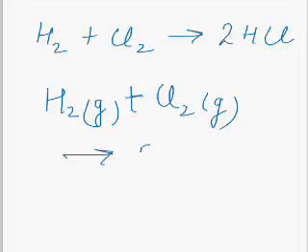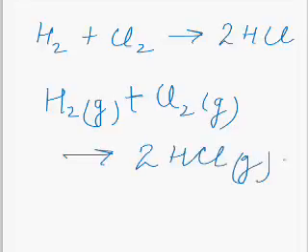It will give twice HCl in gaseous state. So this is a balanced chemical equation, and it is also indicating the state symbols of all the reactants and the products.